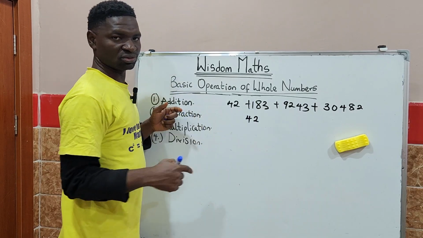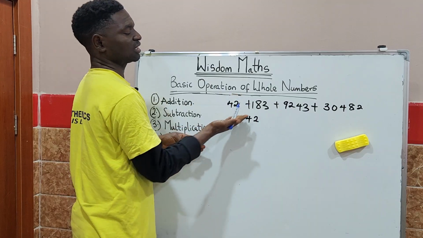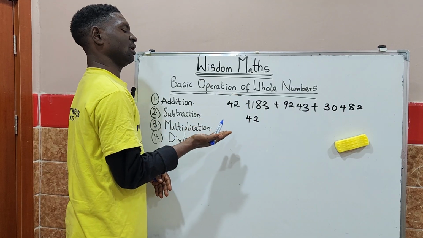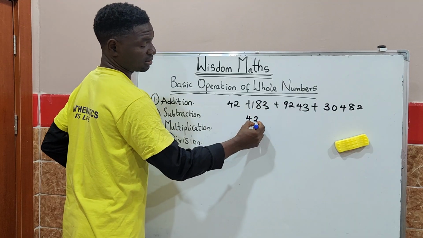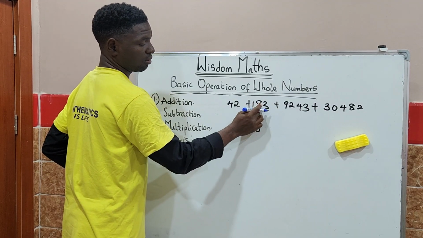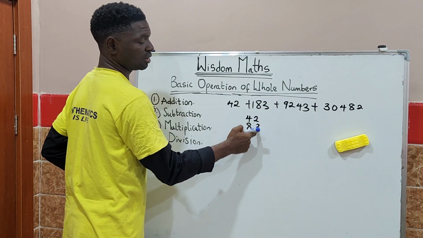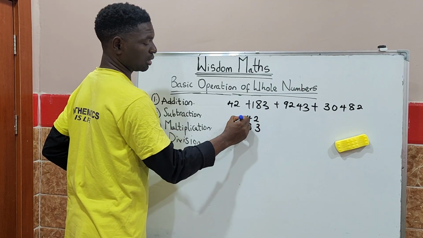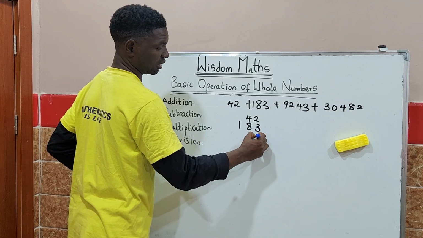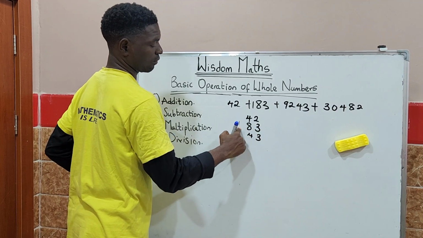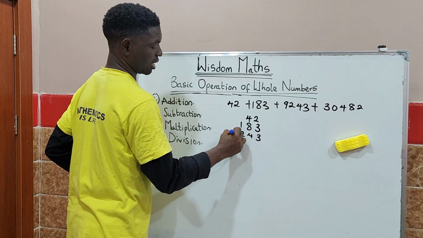I normally tell learners, once you want to add, put the second number under the first number you've written, writing the unit first. Unit under unit, tens under tens. So this one now has 3, 4, 4, 2, 9.